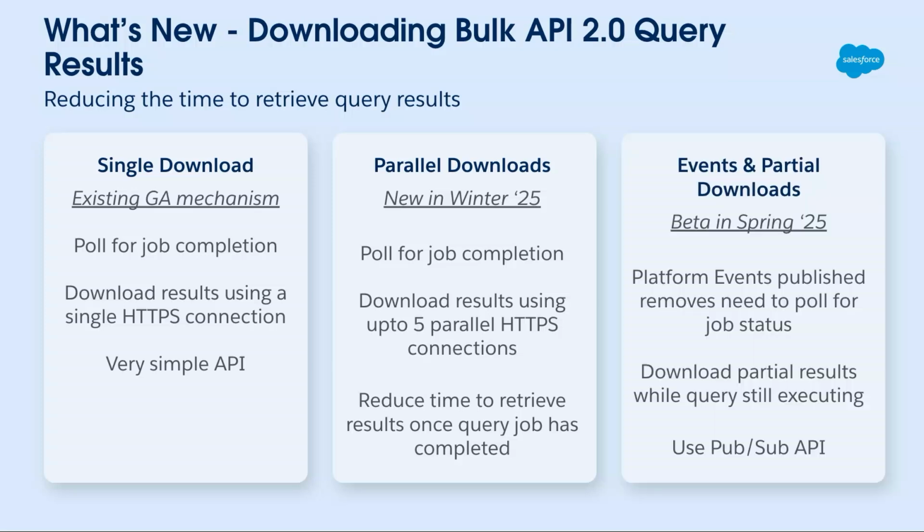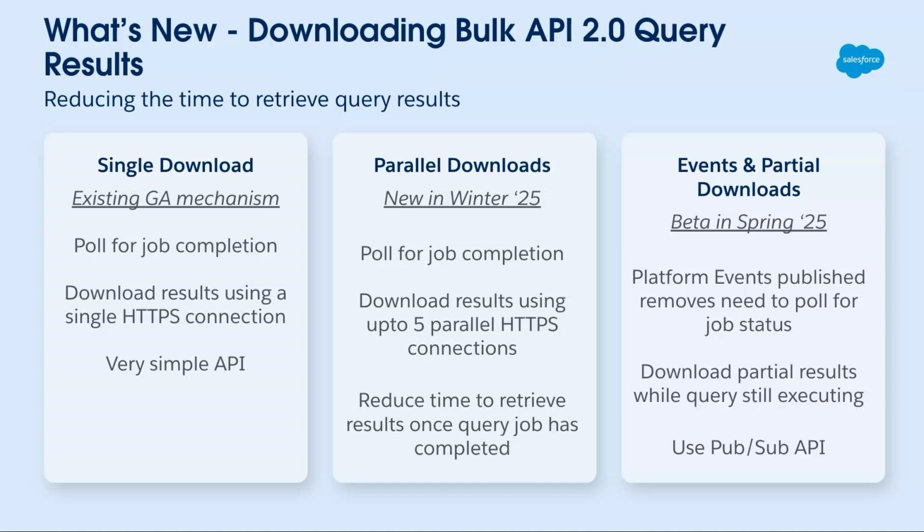But the new capability that we're really going to be demoing here, and what we want to get you excited about, is the events and partial downloads. This is going to be going into beta in our Spring '25 release. Many of you have requested this before, and now we're actually delivering on it. You will still create the job as usual, but after you've created the job, you don't need to poll anymore. Bulk API 2 will produce events indicating when there's a job state change and when partial results are available.